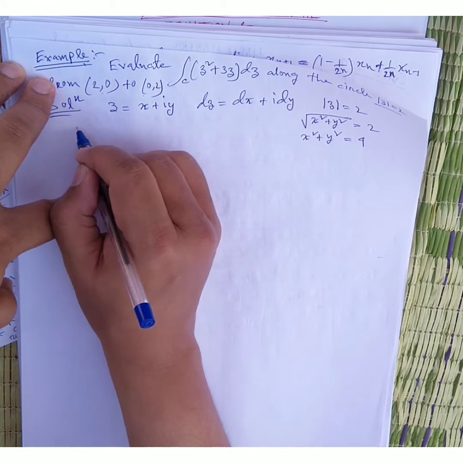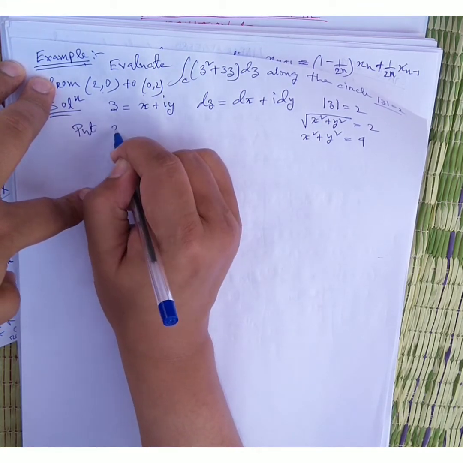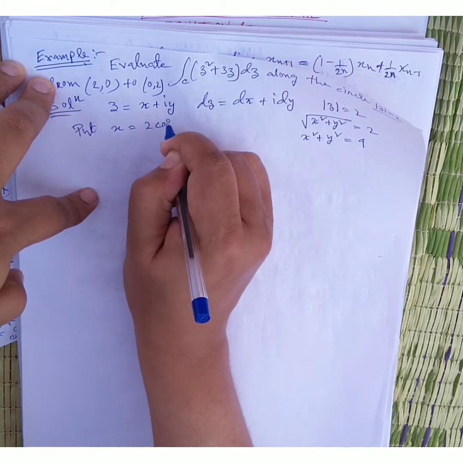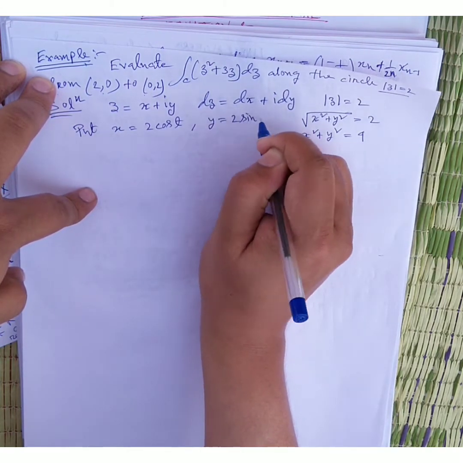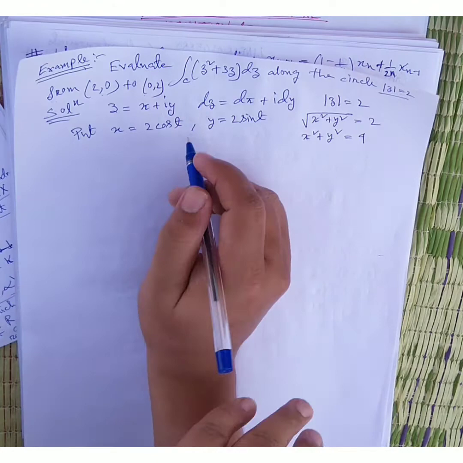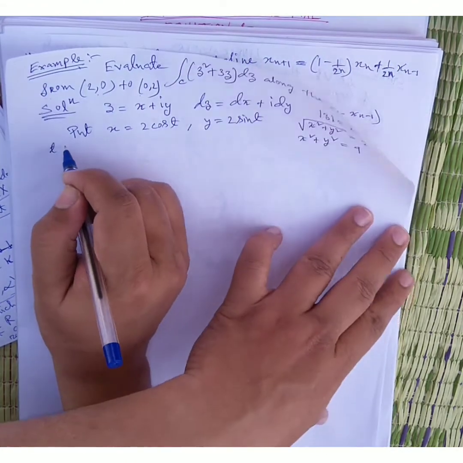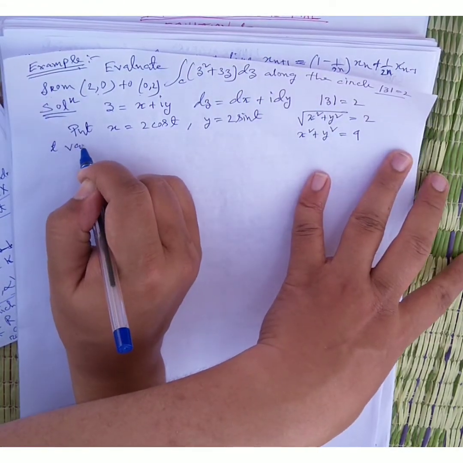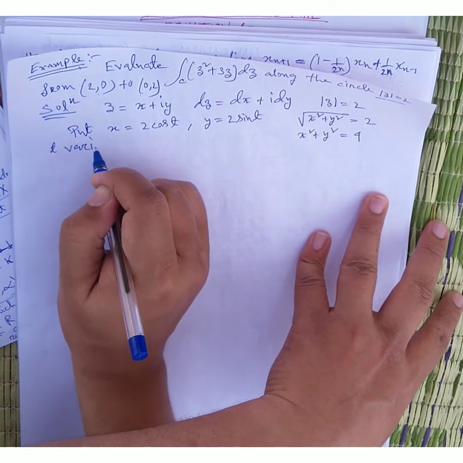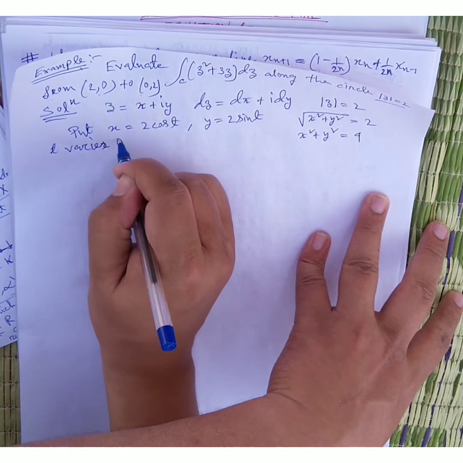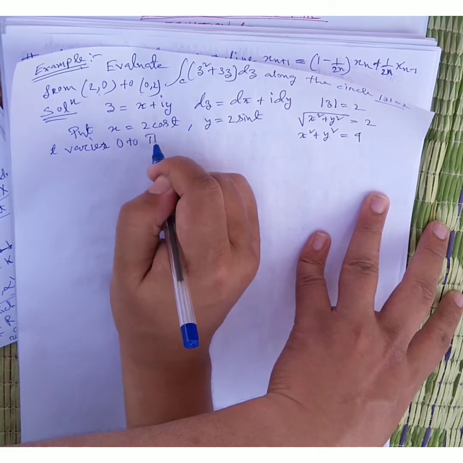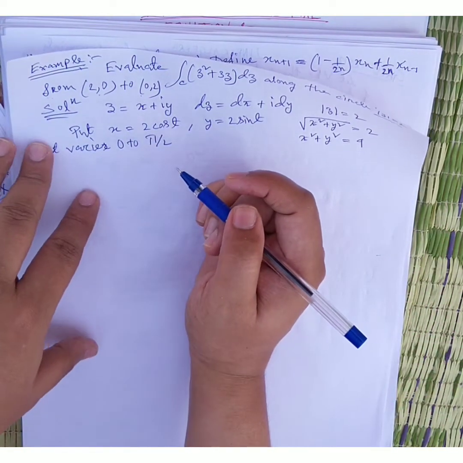Now put x equal to 2 cos t and y equal to 2 sin t, where t varies from 0 to pi by 2. Why does it vary from 0 to pi by 2?